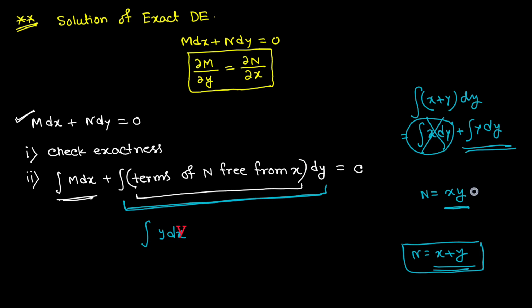And if n equals to xy, obviously you cannot neglect the term x, so in this case you have to write 0 dy. Clear? This is the concept. Now after solving the integration, you will get the solution. Let's understand using an example.